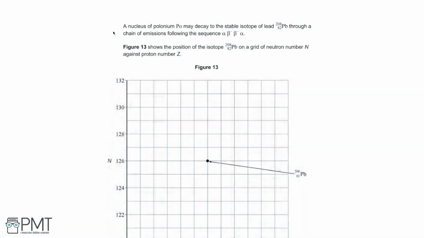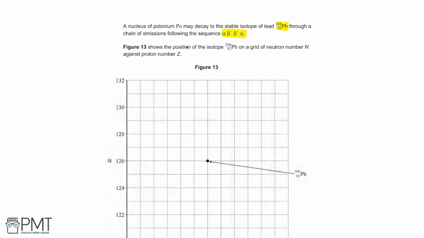This question is about radioactive decay. The question says, a nucleus of polonium, Po, may decay to the stable isotope of lead, 208 82 Pb, through a chain of emissions following the sequence alpha, beta minus, alpha.